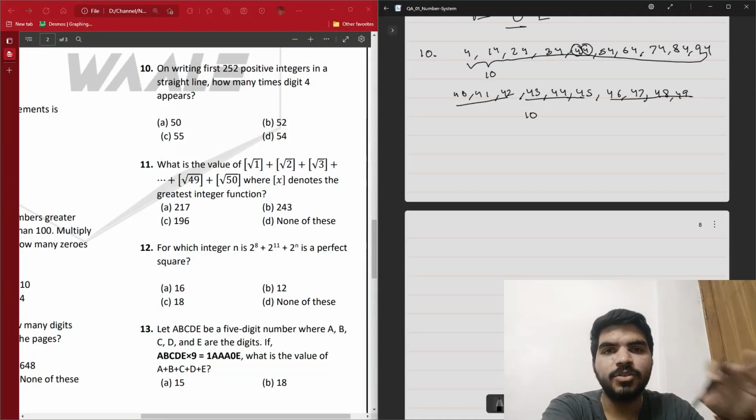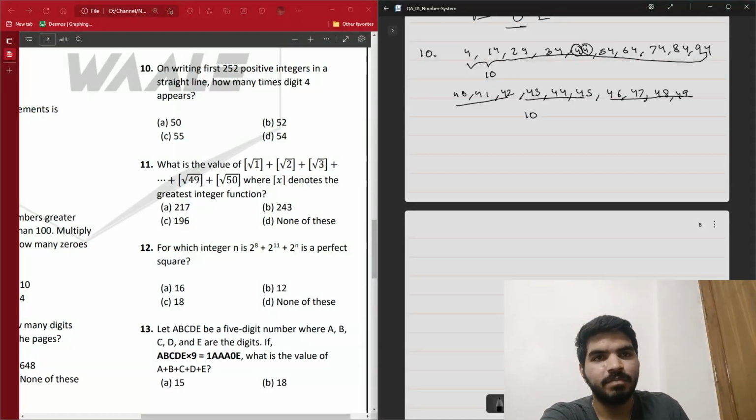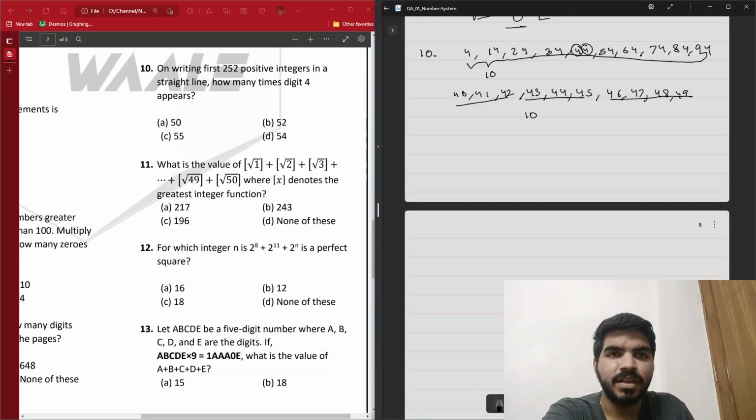So in the first 100 you have 20 times 4 appearing. In the second 100 the same thing will happen because the first digit is constant, and that is 1, in the 100th place. So in 1 to 100 we have 20, and in 101 to 200, again we will have 20.